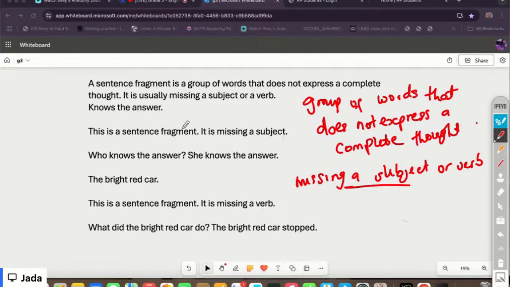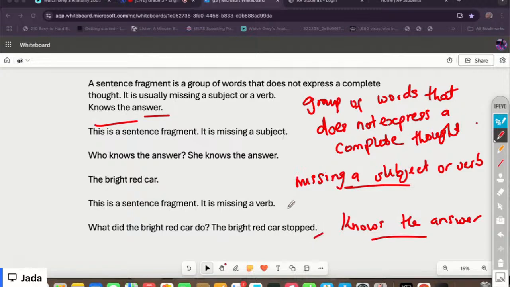So, "knows the answer" is an example here. Now, who knows the answer? We have no idea who knows the answer. So it is a sentence fragment because it is missing the subject.